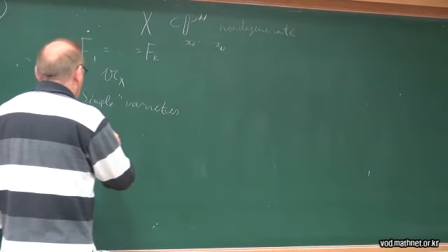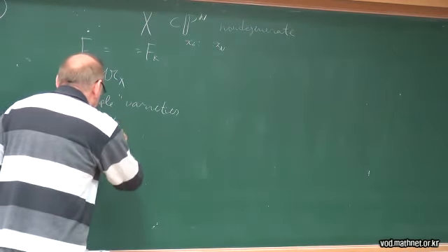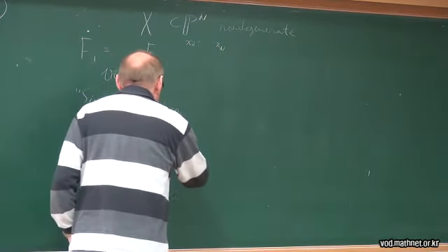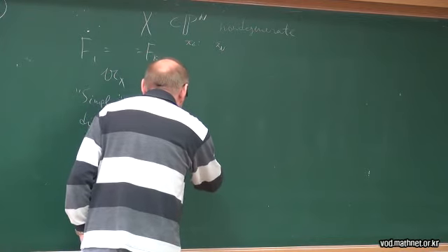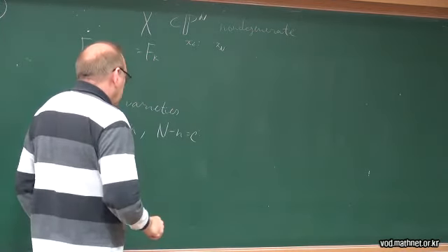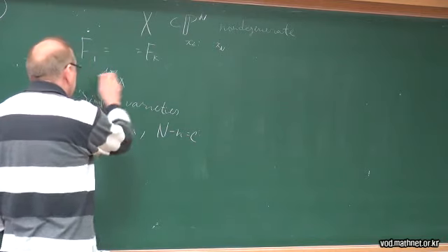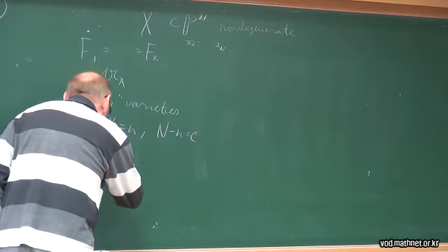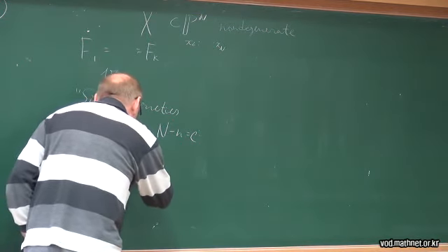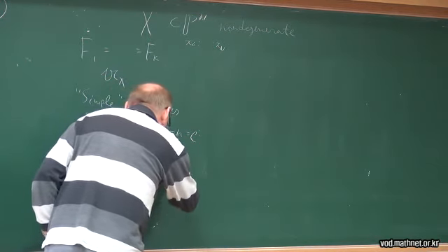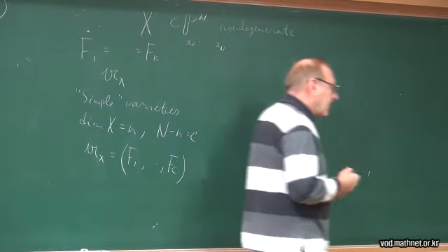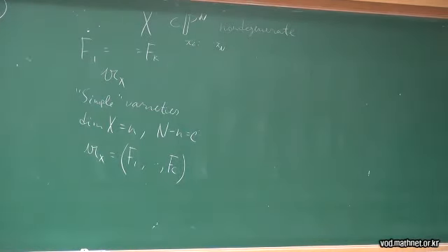If the dimension of X is n, and we denote the codimension by C, then the ideal is generated by C generators. These are the simplest varieties from the algebraic point of view.